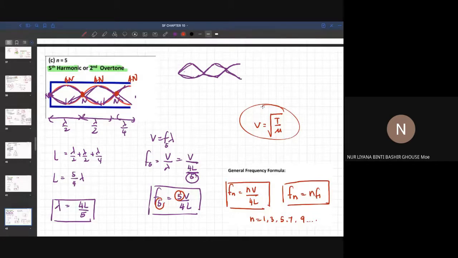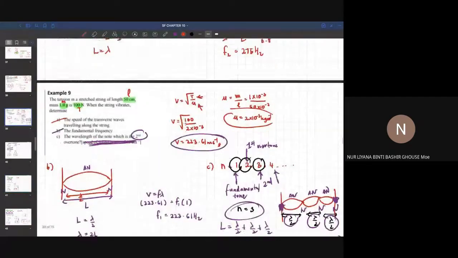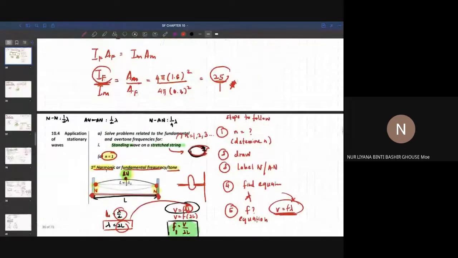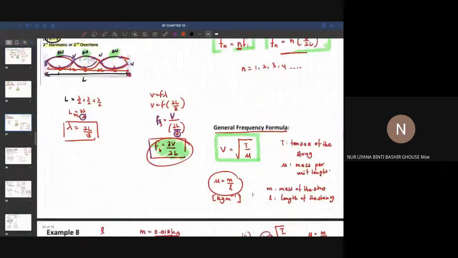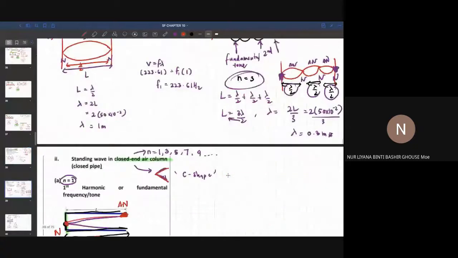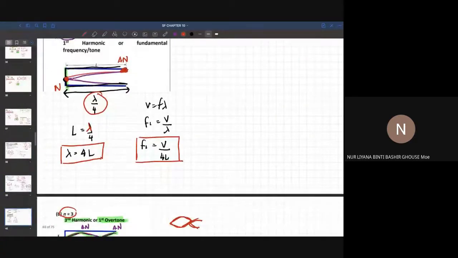Okay, tapi who can tell me kenapa tak boleh? Jawapan dia memang tak boleh. Tapi who can tell me? Very good. There is no tension force. Untuk yang pertama tadi, for the first case tadi, dia adalah string. So bila ada string, adalah tension. So barulah Miss boleh guna equation T over mu sebab ada tension. Sekarang dia adalah pipe. Pipe yang tertutup sebelah.